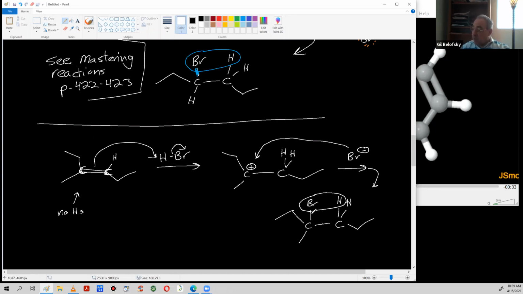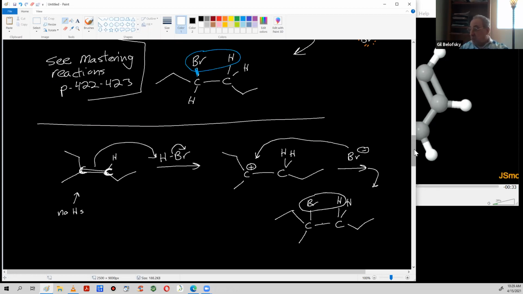But notice I purposely had the bromine go to this carbon and not this carbon. When this bond forms, the hydrogen initially goes to the carbon on the right.